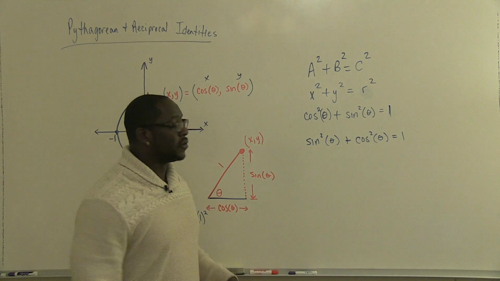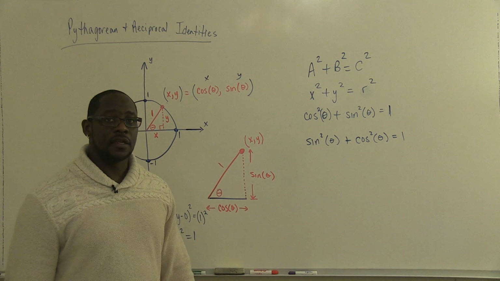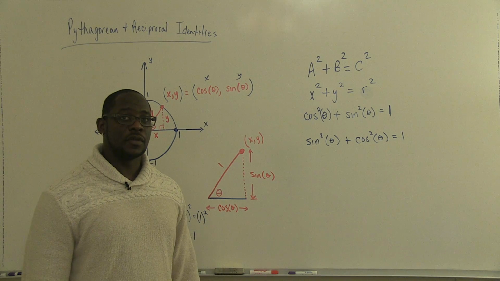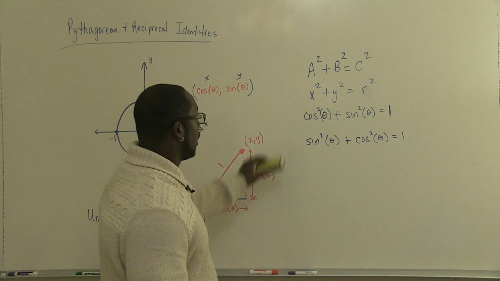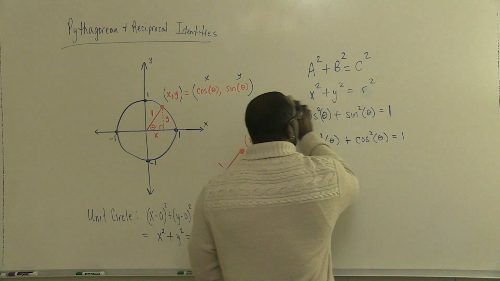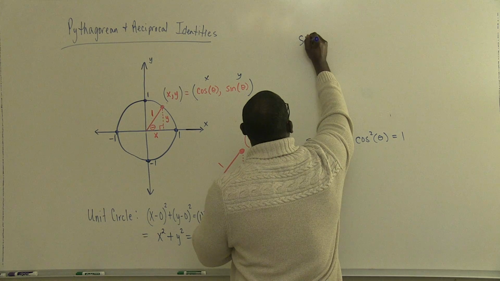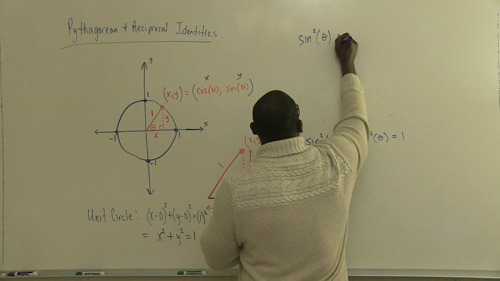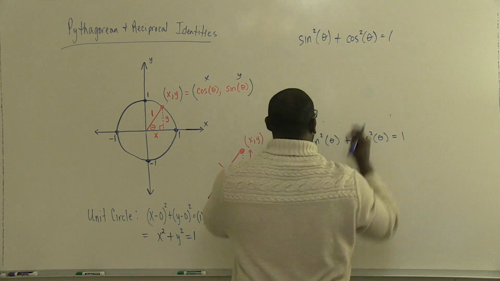So now what I'm going to do is show you, now that we have this particular identity, from that we can form the reciprocal identities as well. And so I'm going to go ahead and erase this part and just put sine squared theta plus cosine squared theta equals 1.